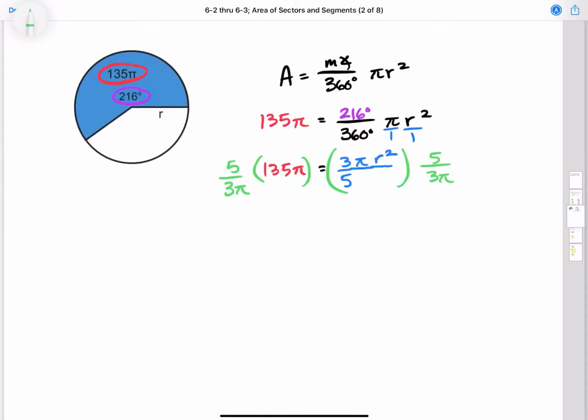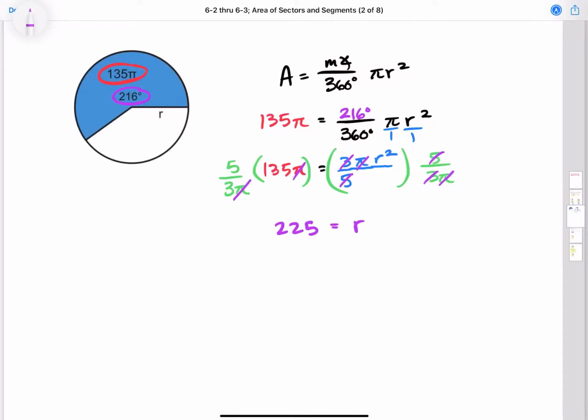Okay, so now we go ahead and do the math, and the pi's over here will cancel each other out. We also have our 5's canceling each other out, and then our 3 pi cancels each other out. So now if we actually did 5/3 times 135, that ends up being 225.